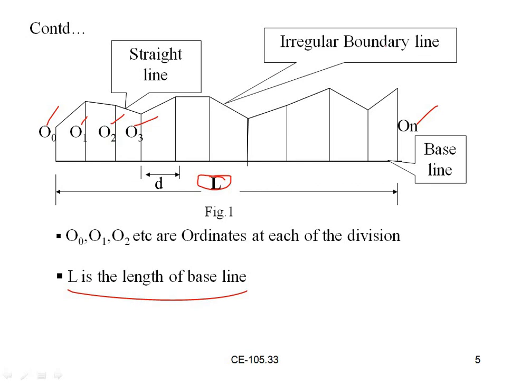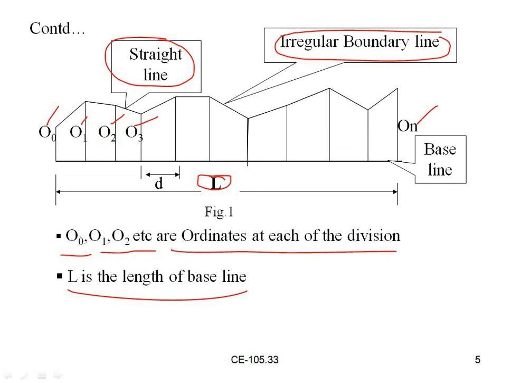This is the irregular boundary line, and here the straight lines connect the ends in trapezoidal shapes. O0, O1, O2, O3 are ordinates at each of the divisions.